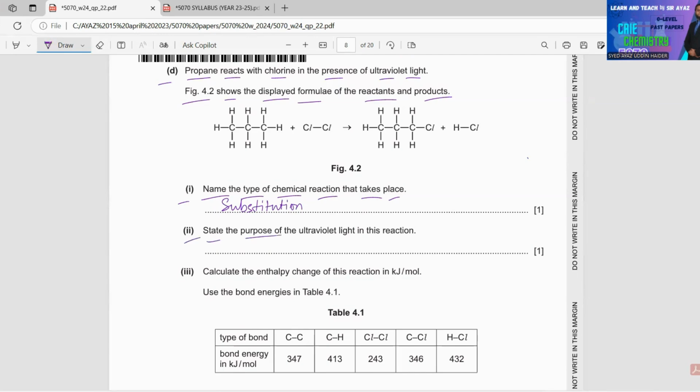Part 2, state the purpose of the ultraviolet light in this reaction. It's providing the activation energy for the reaction. So you write provides the activation energy for the reaction.